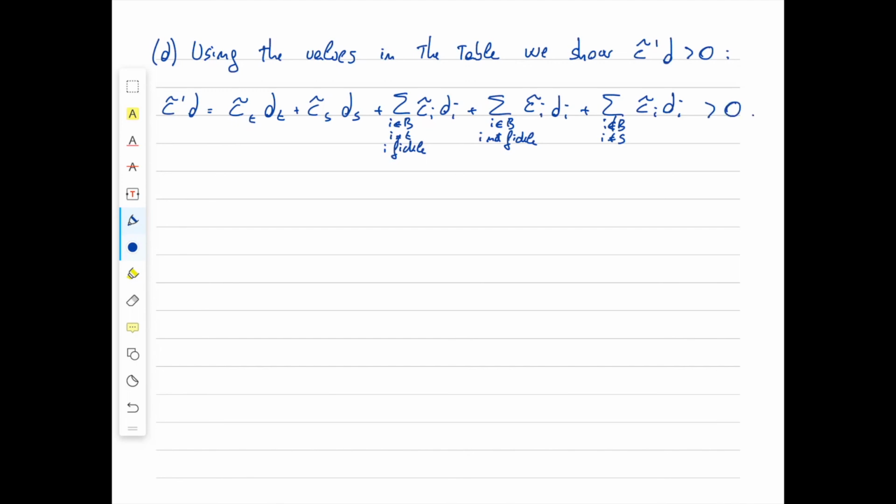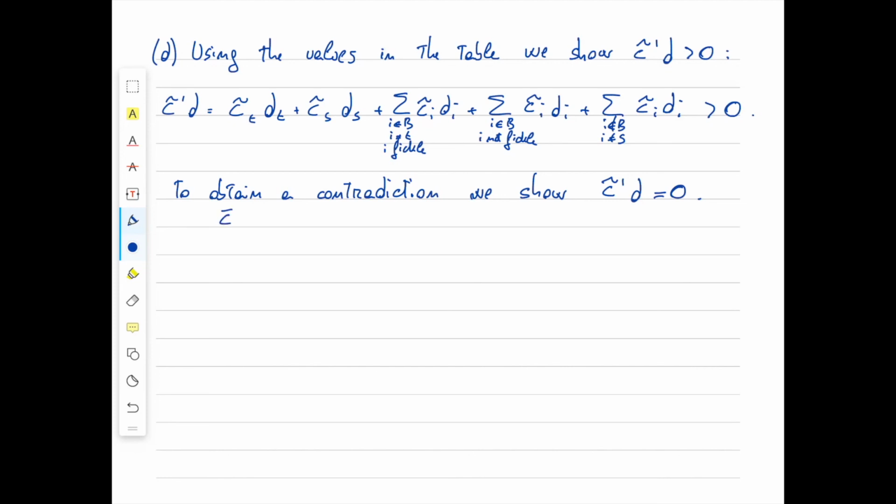If you remember, our proof is by contradiction. So now, to obtain a contradiction, we show c tilde transpose d equal to 0, which contradicts what we have just shown. How are we going to obtain that?